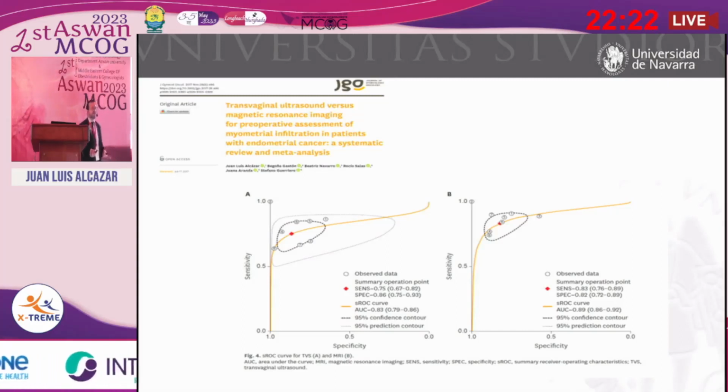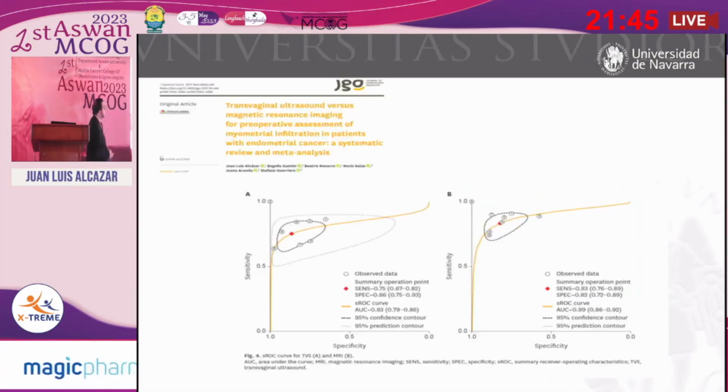So we wondered if that's really true, if MRI is better than ultrasound to detect deep myometrial infiltration and to detect cervical involvement. And what we observed in this meta-analysis published several years ago is that the diagnostic performance of TVS is absolutely similar to the diagnostic performance of MRI. So MRI is not better than ultrasound, and it is much more expensive.